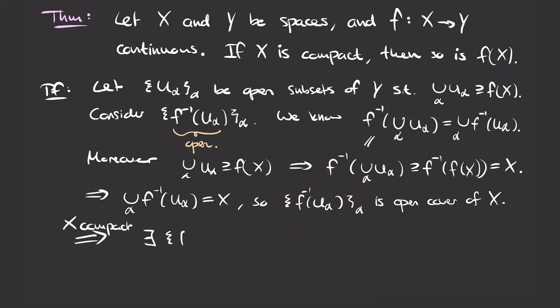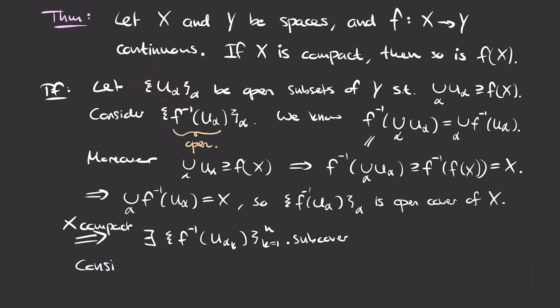So we're picking finitely many elements, and these will have the form f inverse of some U alpha k, where k runs from 1 to n. And this is a subcover, so in particular, it still covers the entire space X. The final thing we'll do is push forward this subcover on X back to Y and show that it's going to be a subcover of our original cover U alpha.